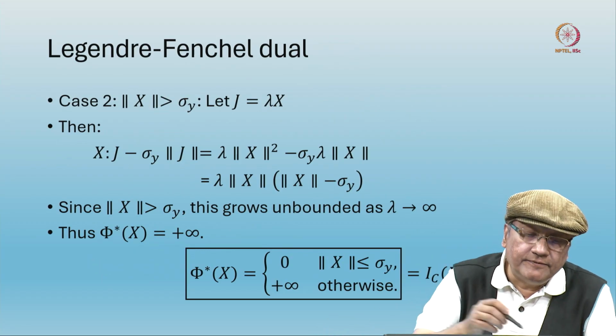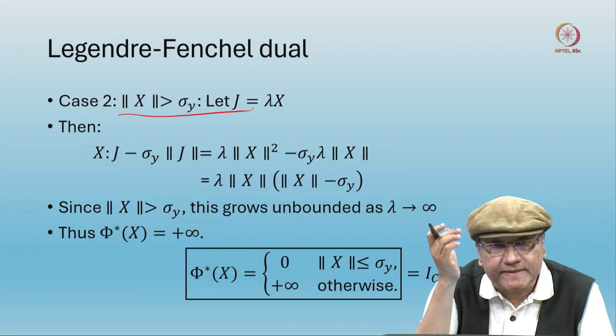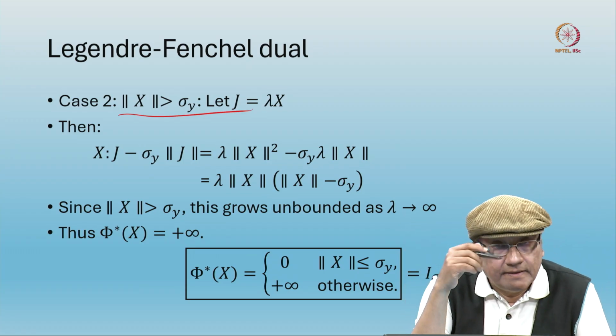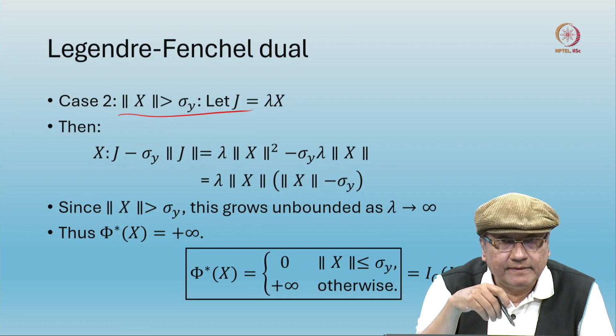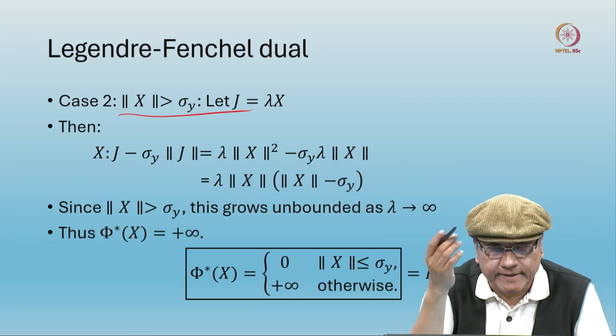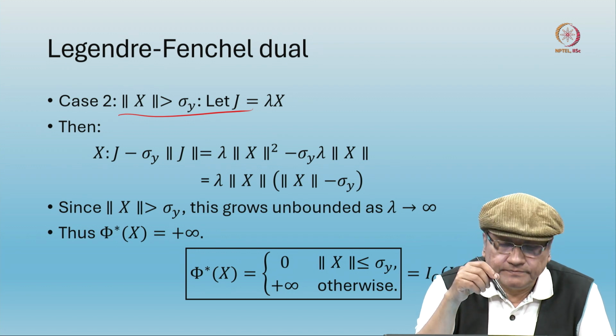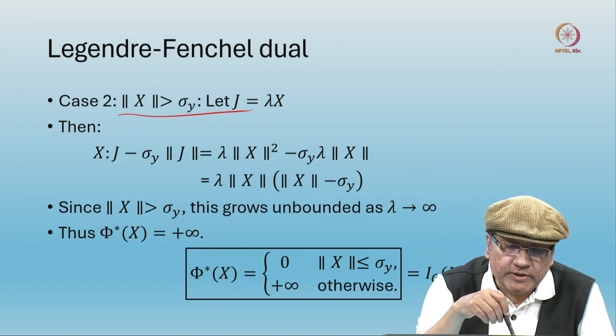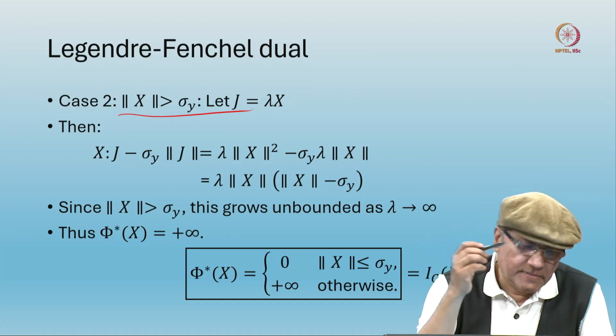On the other hand, if the norm of x is greater than sigma y, then we may take j, because everything is smooth here. j and x are co-directional, as we have already seen. So we can take j equal to lambda times x.